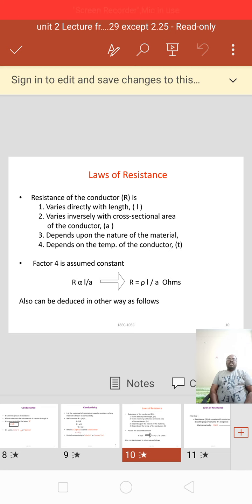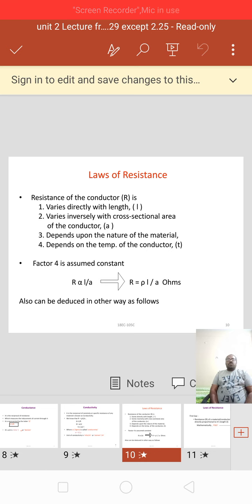Simply we can deduce the laws of resistance, that is resistance of the conductor R is directly proportional to the length of the material and inversely proportional to the area of cross section of the conductor, that is A. Besides this we have other two assumptions, that is depends upon the nature of the material as well as the temperature of the conductor.